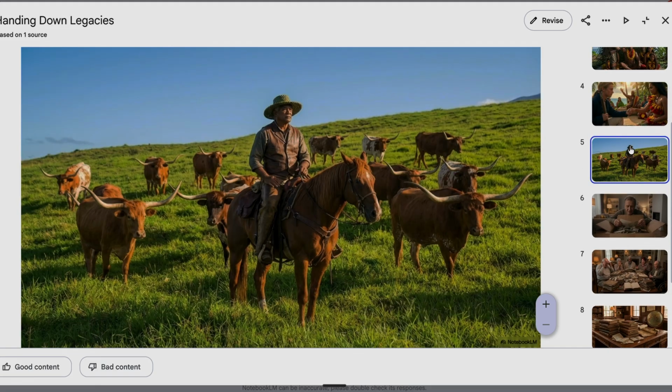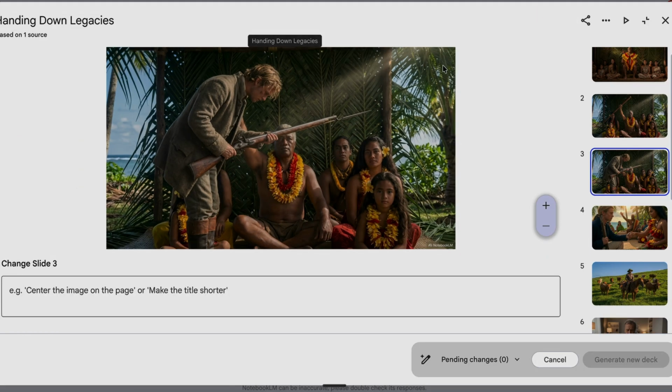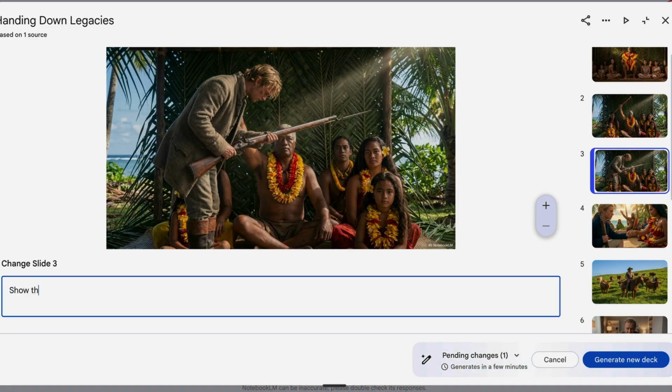But I like all the images except for this one. So I'm going to click on that. I'm going to hit revise. Show the sailor from the back.